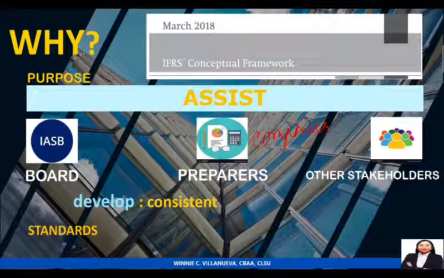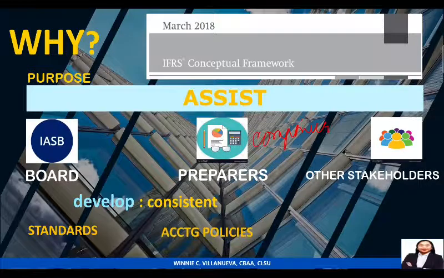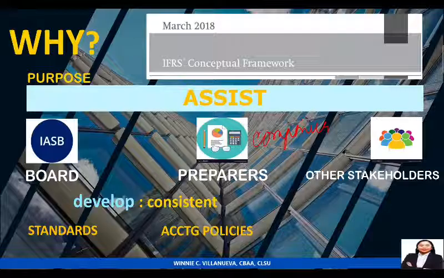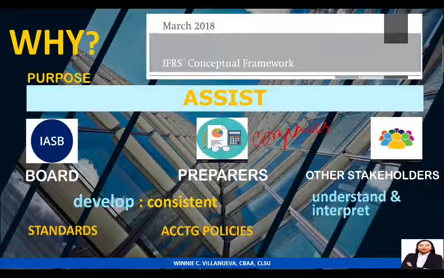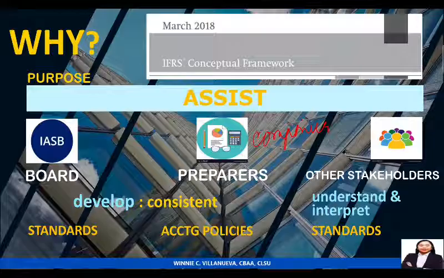And on the part of the company who prepare the financial statements, they need to develop consistent accounting policies. On the other hand, if you are the user or part of the other stakeholders, the main purpose is to understand and interpret standards.